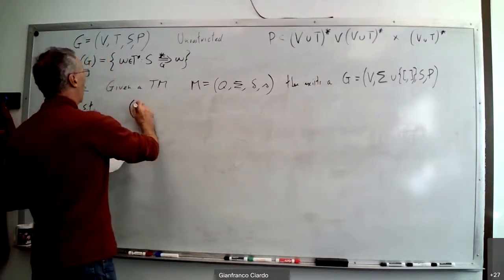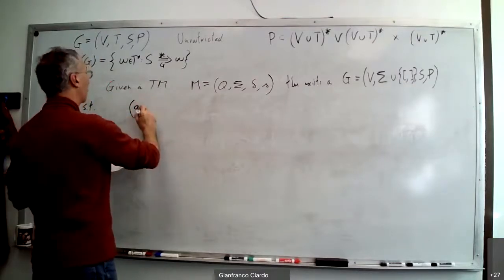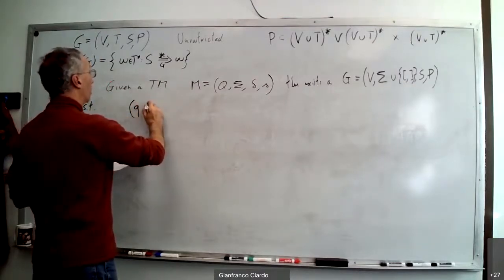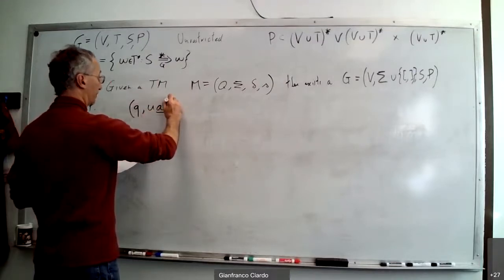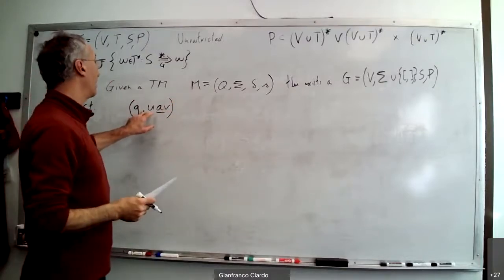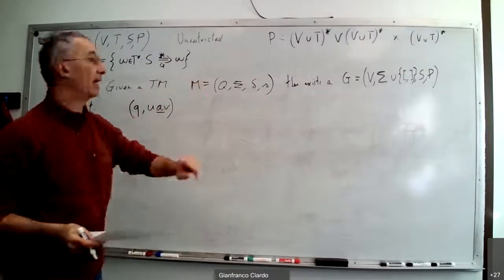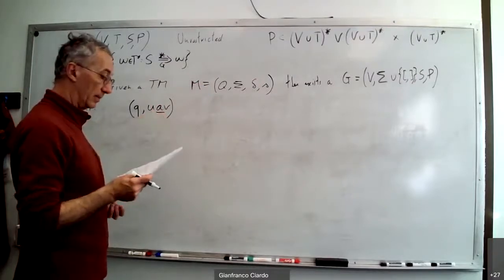So if the Turing machine is in configuration state Q with U, A, V, so it's in state Q, and the tape contains UAV plus the infinite blanks, and the head is over this little a.